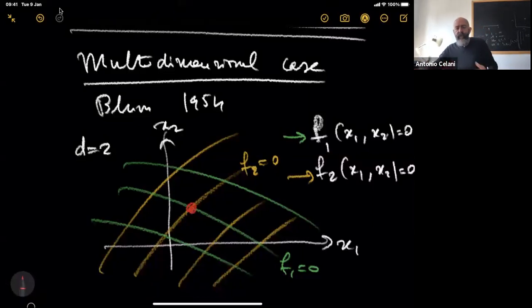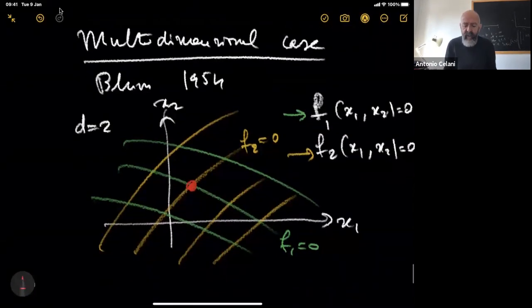Of course, we have to assume that these 2 functions are in a sense linearly independent, in the sense that their level lines don't overlap, etc. So let's assume all these nice things happen. Then the question is, how do I find the green point? Again, if you have no noise, you just do the same thing.